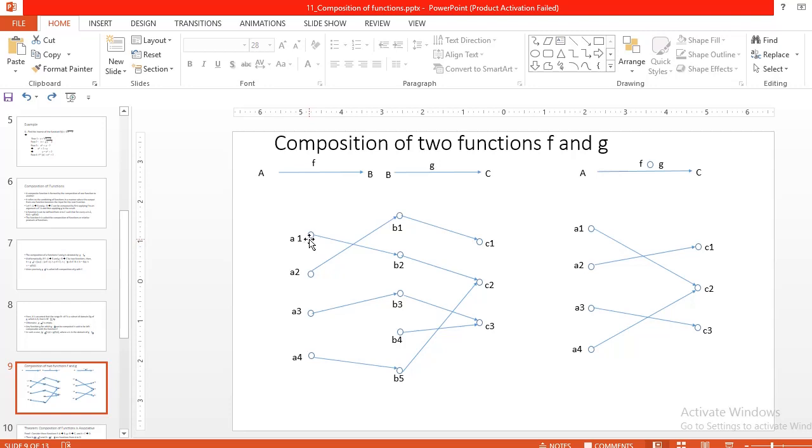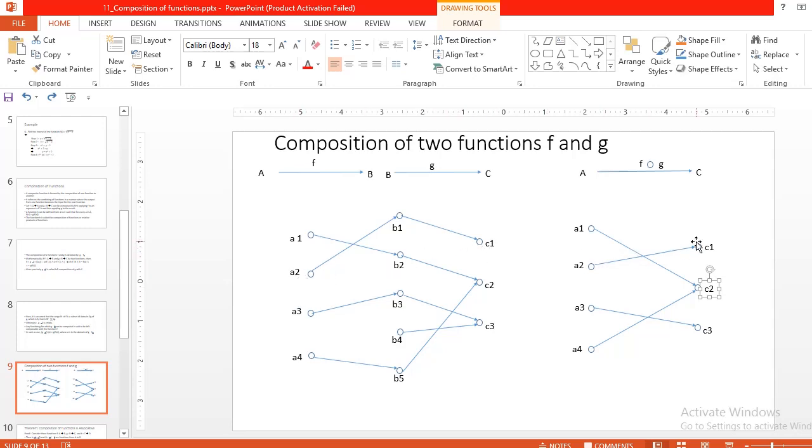So a1 pairs with b2, and after that b2 pairs with c2. So we get the composition of the two functions, that is A to C. We get a1 to c2 here. Next, a2 maps to b1, then b1 to c1, so we get a2 to c1.